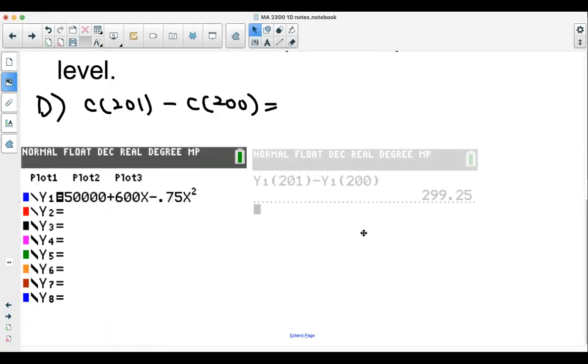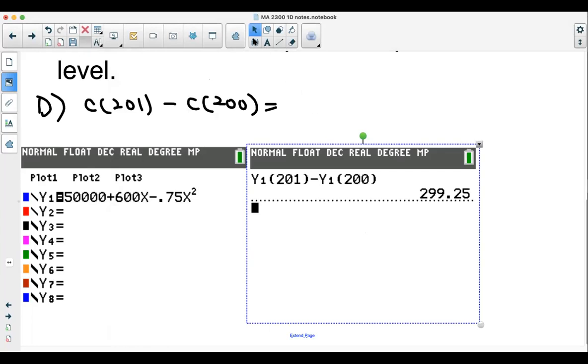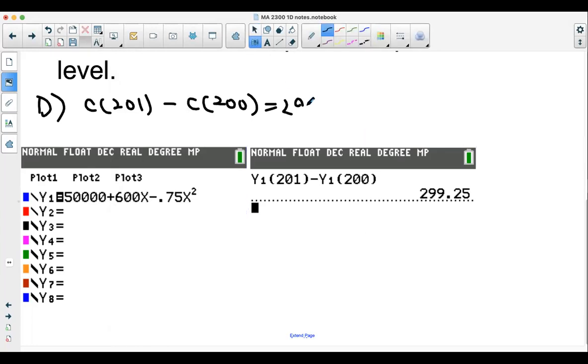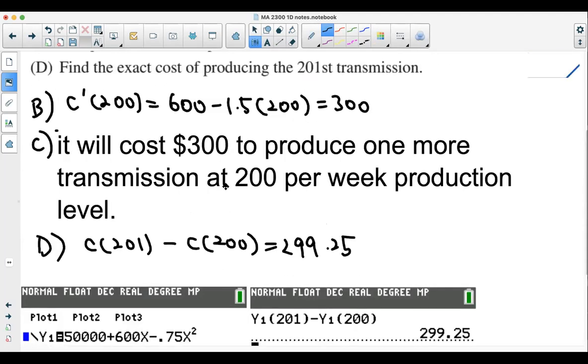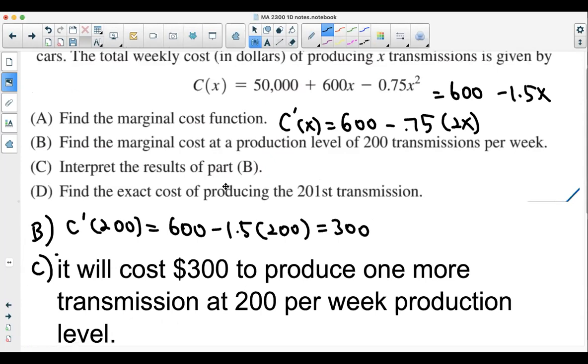So according to the exact calculation, it would cost us $299.25 to produce one more transmission at this time. But you can see that without this much calculation, you can do that quite simply using the marginal cost function.